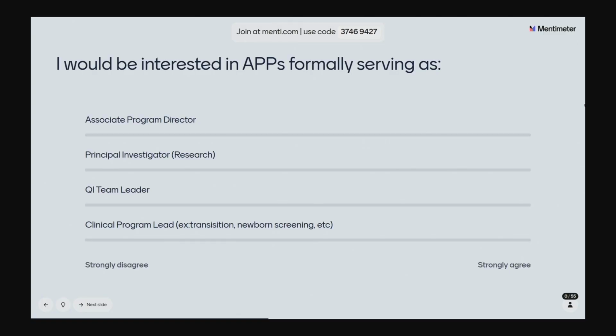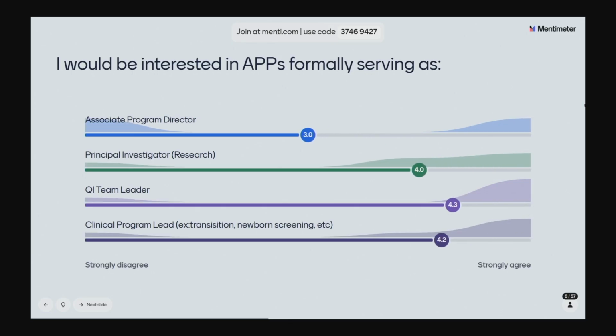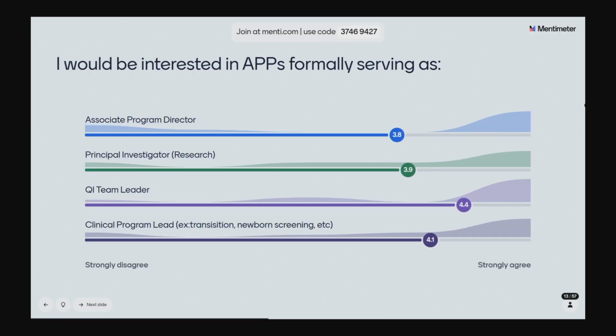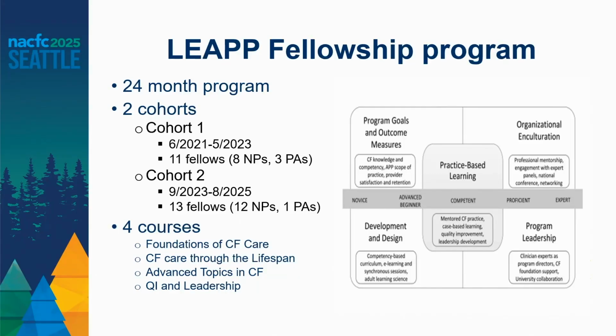Would you personally be interested in APPs formally serving in associate program director role, principal investigator in research, QI team lead, clinical program lead? This one's on a scale of disagree to agree. Awesome. And then back to the slideshow. Thank you.